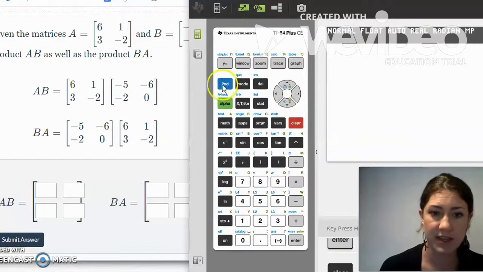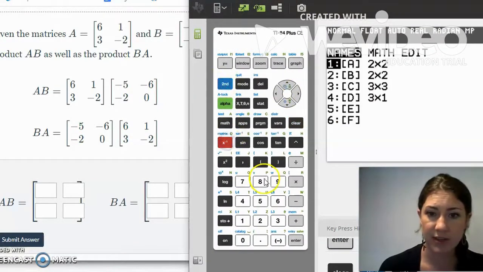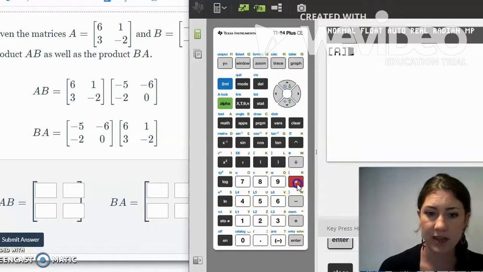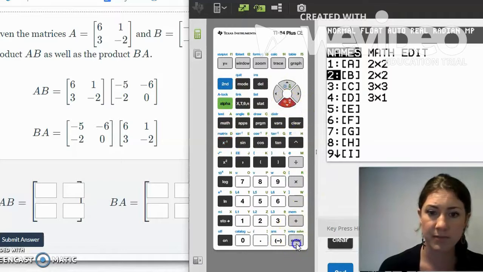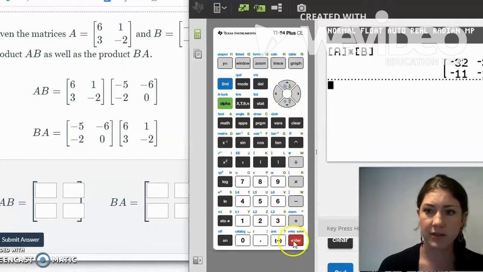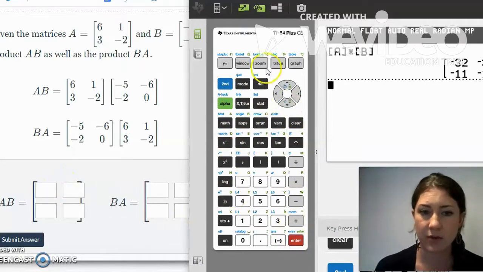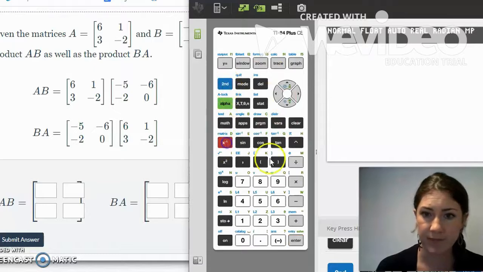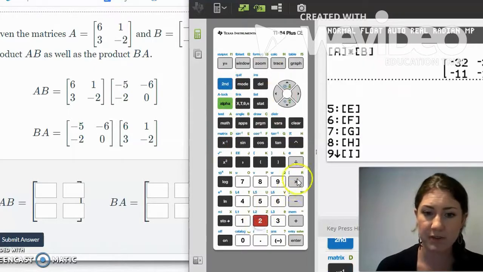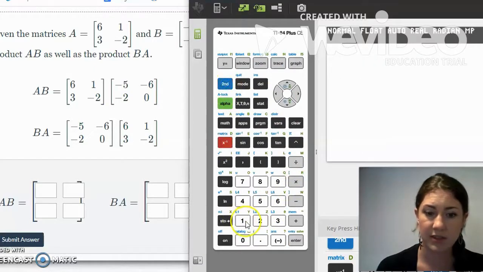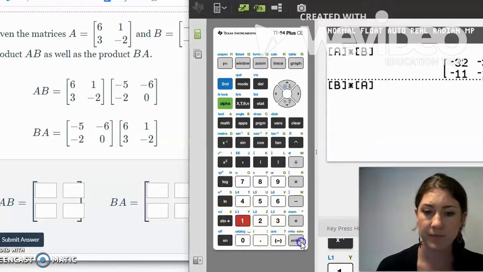Well, we're about to see it. Go to second matrix, select matrix. Let's do AB first. A times matrix B. Okay. And then we can go in and do the opposite way, putting matrix B first, matrix A.